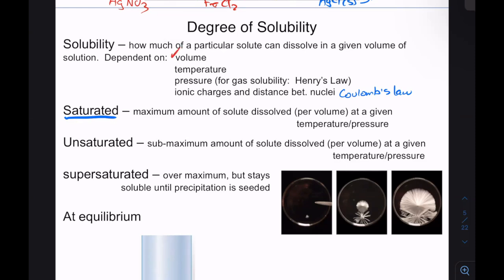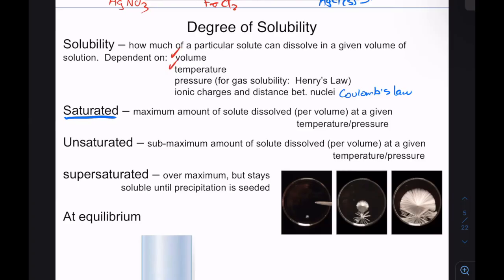The temperature has an effect. When you make sweet tea, you think I'd like it. I talk about it so much. When you make sweet tea, do you add the sugar to cold tea or do you add it to hot tea? Why do you add it to hot tea? Because it dissolves better, right? Solubility is also temperature dependent. Okay?